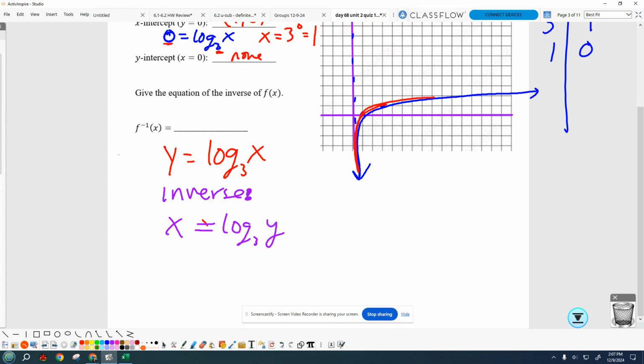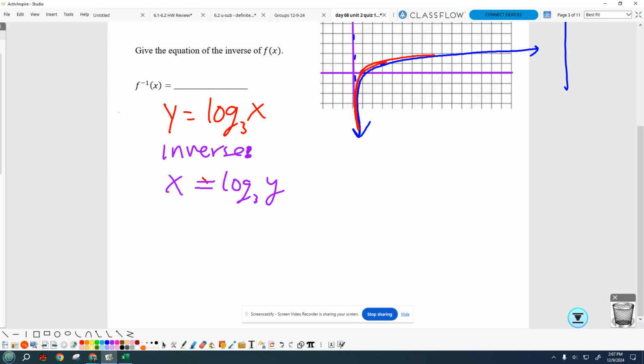And Dante, do you remember what you did just a second ago when it was numbers, but now there are letters? How do I translate that log into exponential? You bring the y over and put it to the power of x? Or, no, the base. And what is the base? 3. So it's going to be 3 to the log x. That's our inverse function, okay?